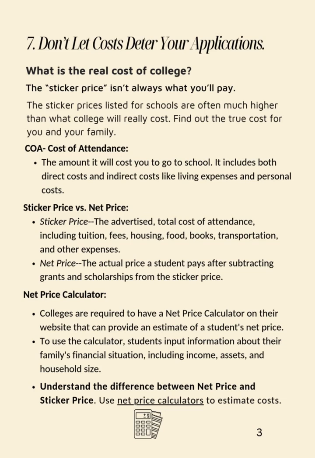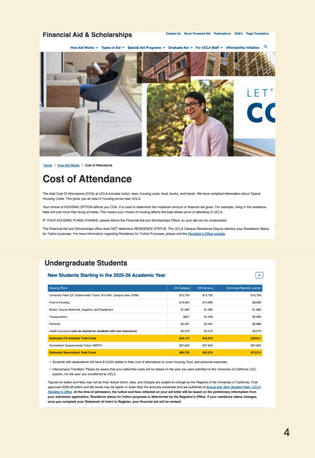But before we get into that, I wanted to show an example of what a cost of attendance would look like, using UCLA, University of California in Los Angeles, using their website. A cost of attendance is basically, like I was saying, all of the costs: housing, food, books, travel, and this is what a sticker price would look like, right?